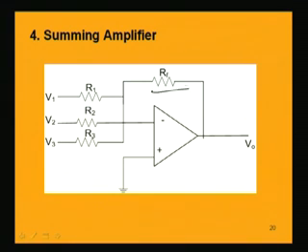Obviously, as no current enters into the op amp, I must be equal to I1 plus I2 plus I3, the sum of all the currents that must flow through this Rf only, because they cannot go and enter into the op amp. So, that principle we will be applying.